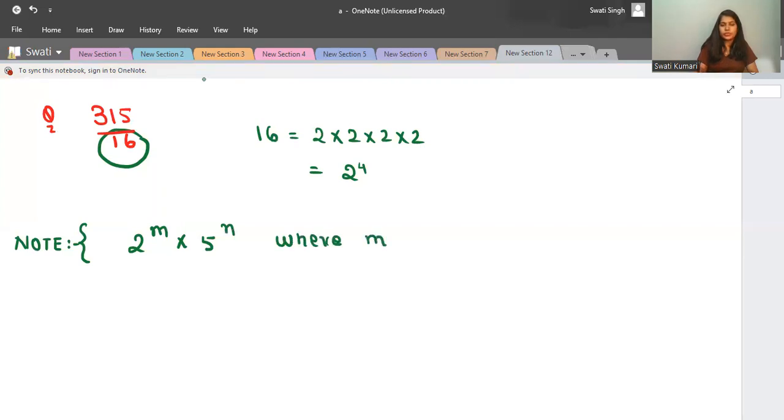Do you know what positive integers are? Whatever numbers lie on the right side of 0, those numbers are positive integers.